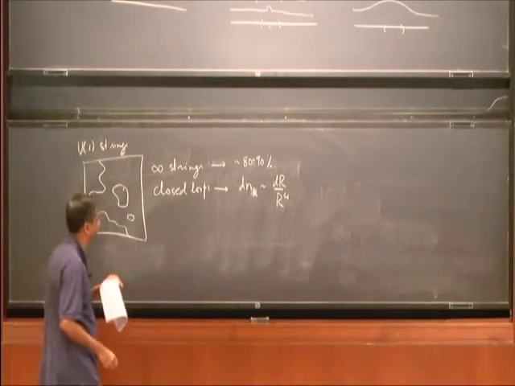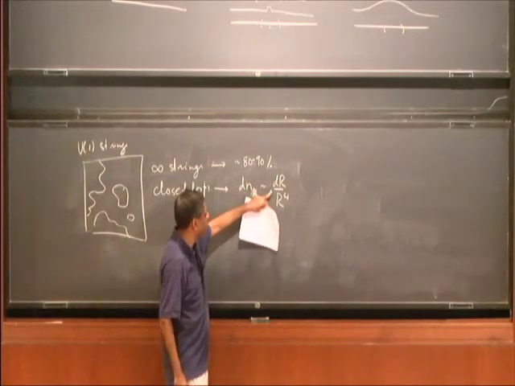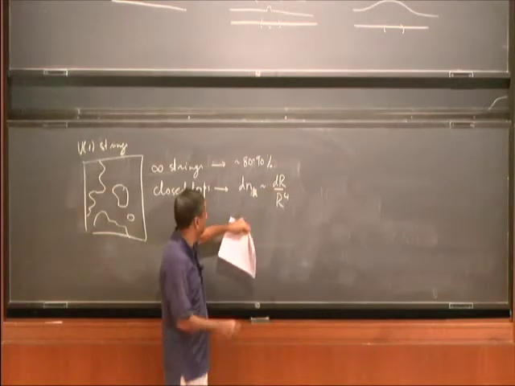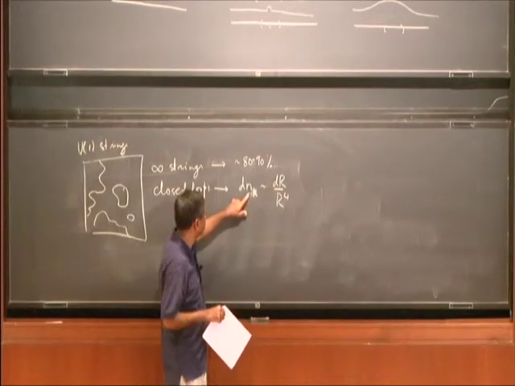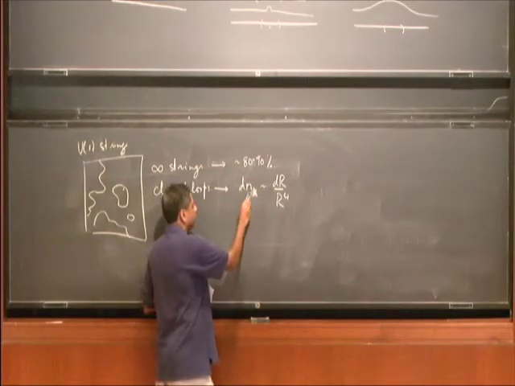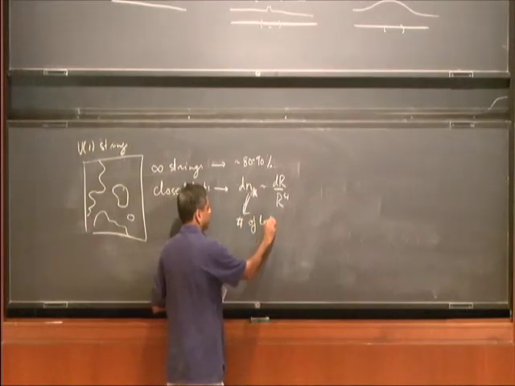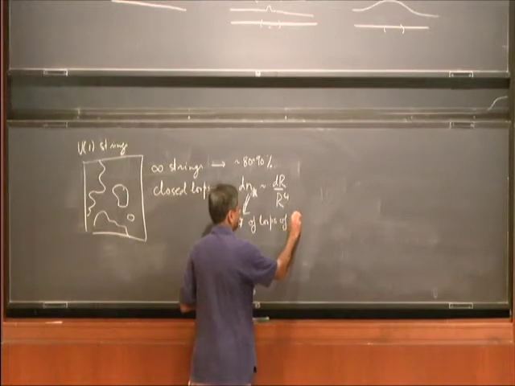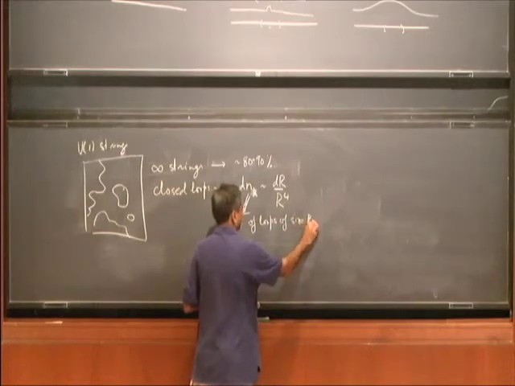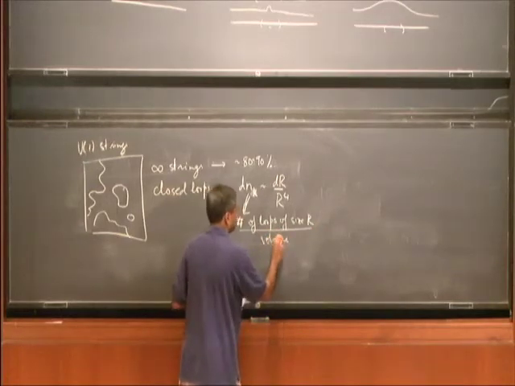Which means that you see there's no other dimensionful parameter coming in. So this is the number of loops of size R over volume. So it's the number density.